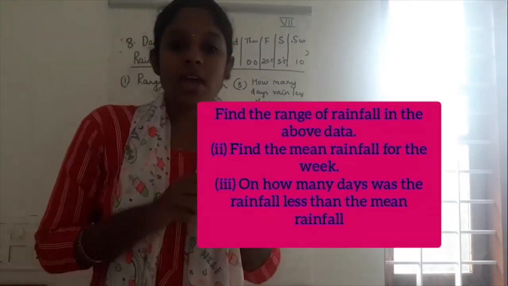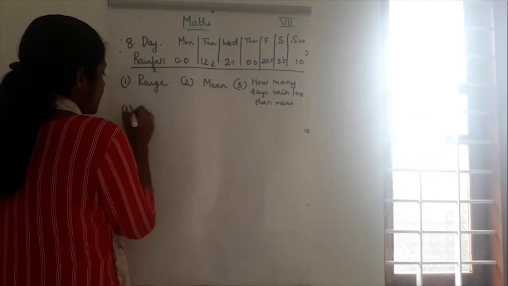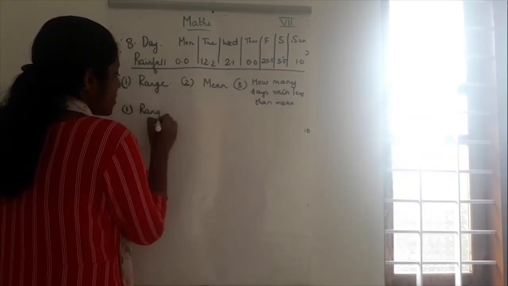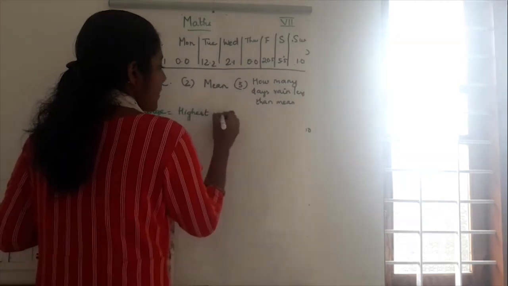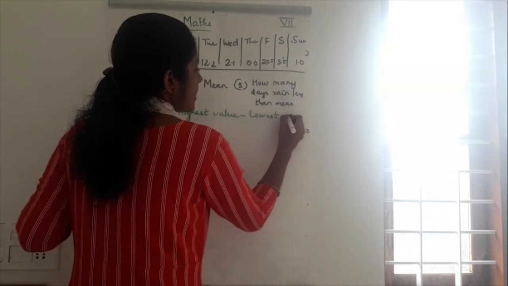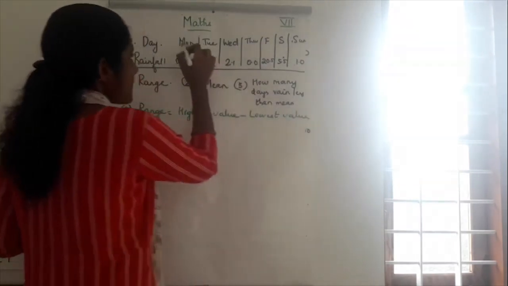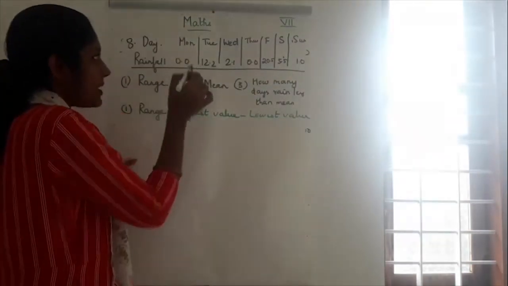So first thing is you have to find the range. So range is highest value minus lowest value. Here the table is given, and in that Monday, Tuesday, Wednesday, Thursday, Friday, Saturday and Sunday the rainfall in millimeter is given.